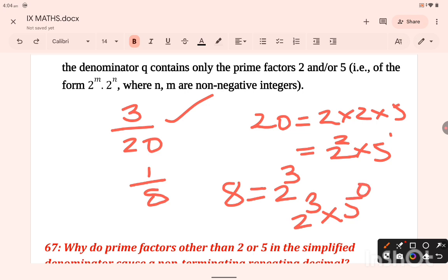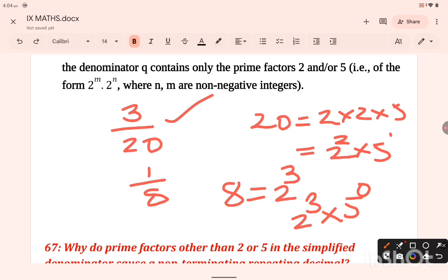So in 1 by 8, the denominator is in the form of 2 to the power of m into 5 to the power of n, where m is equal to 3, n is equal to 0. Both m, n are non-negative integers. Therefore 1 by 8 is a terminating decimal expansion.